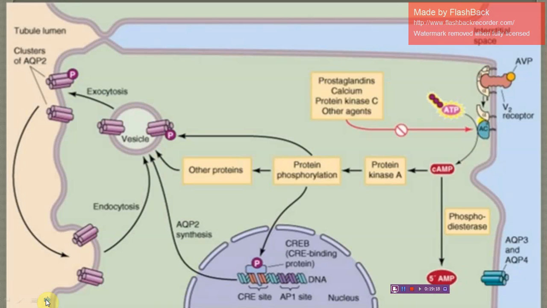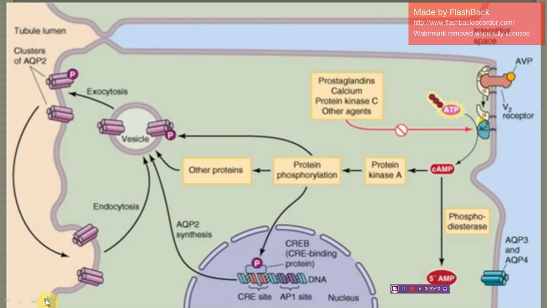And this is the elaboration of the same mechanism. Now the aquaporin 2 is inserted through the V2 receptor. There is cyclic AMP formation, protein kinase A activation, and phosphorylation of other proteins.